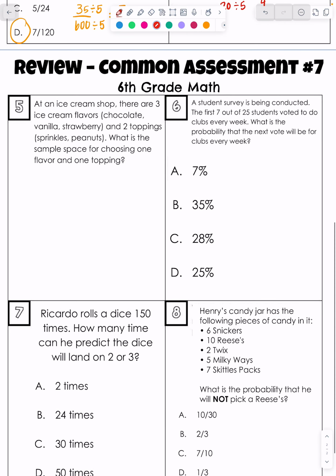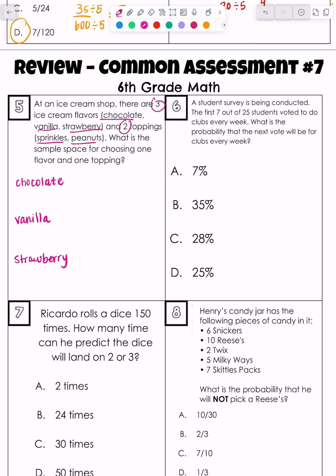All right. Let's go on to the next one. At an ice cream shop, there are 3 ice cream flavors, chocolate, vanilla, and strawberry, and 2 toppings, sprinkles and peanuts. What is the sample space for choosing 1 flavor and 1 topping? So 1 flavor, so the flavors are chocolate, vanilla, and strawberry.